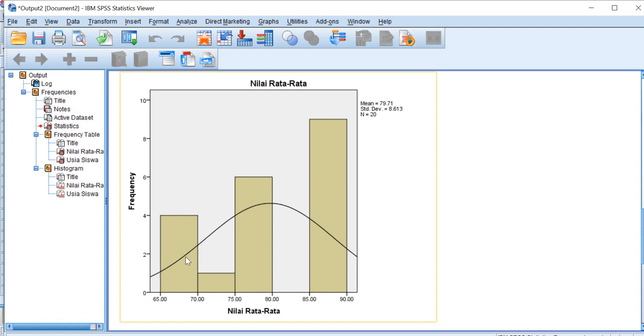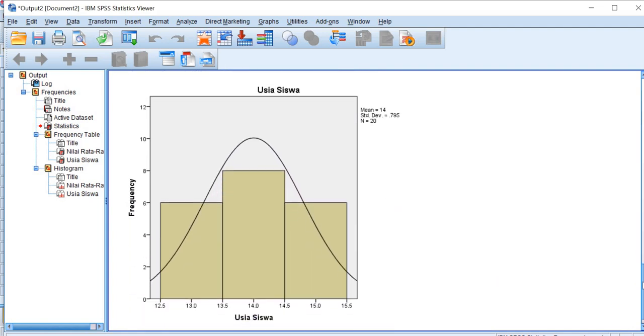Here it's not really distributed normally, but you can still compare the histogram with the normal curve of distribution, and the scores that have the highest frequency are actually on the highest scores in our data.